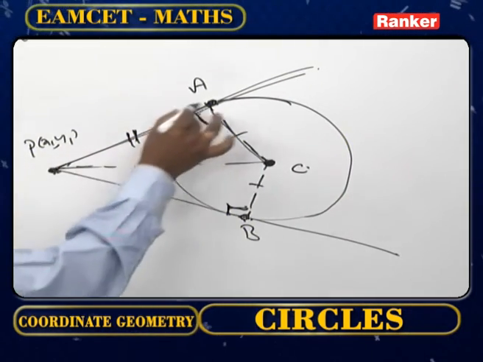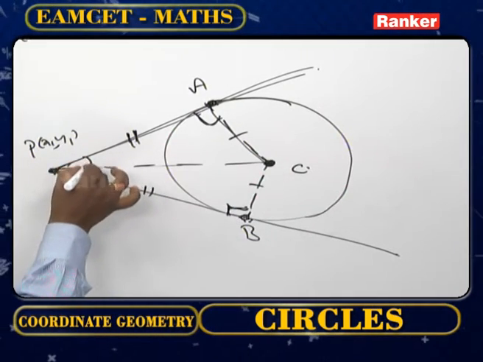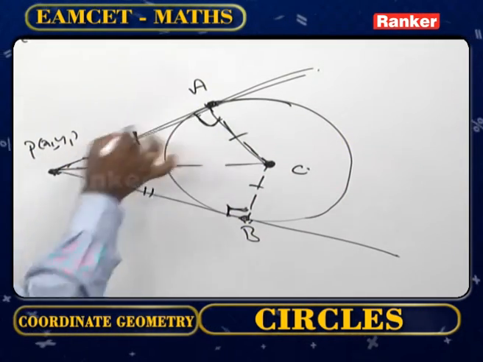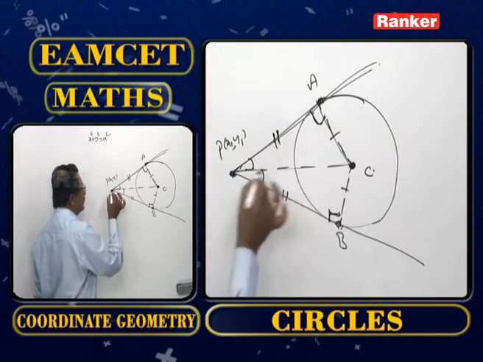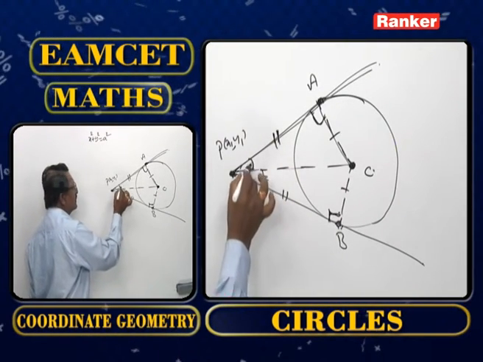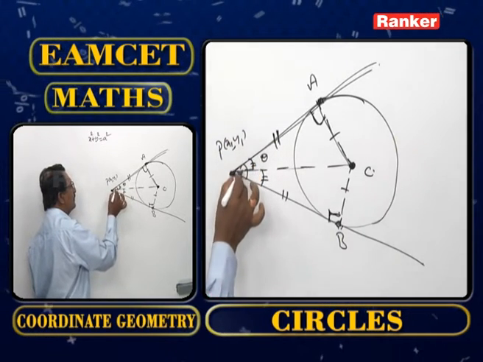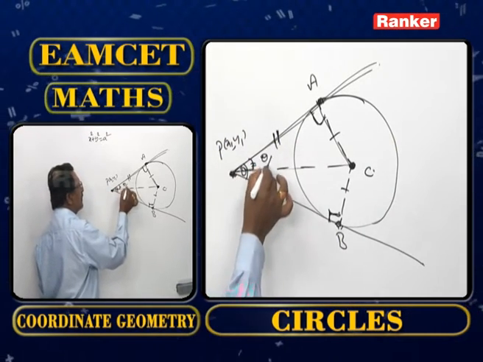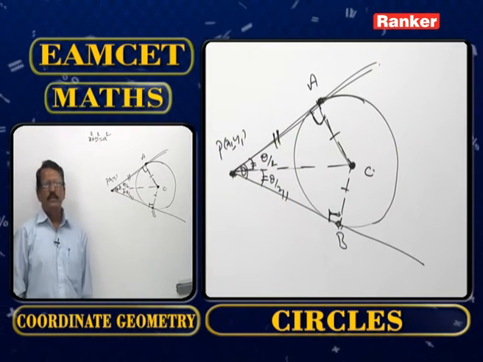Then in triangles PAC and PBC, angle APC equals angle CPB. These two angles are equal. If the angle between the pair of tangents is theta, the semi-angle equals theta by 2.